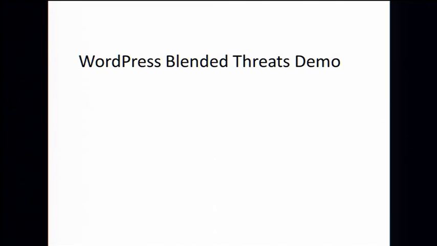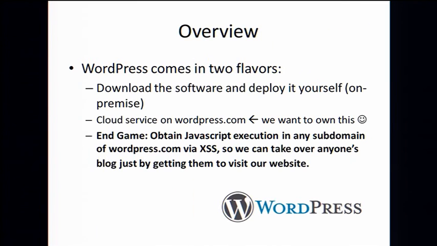Now we're going to talk about the WordPress blended threats demo. So WordPress comes in two flavors. There's the software you can download, and that has its own set of issues, right? So don't think of that, because with that you can add your own plugins and your own templates, and you can obviously get remote execution on that. So that's not the one we're talking about, though.